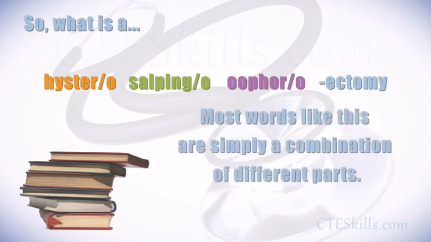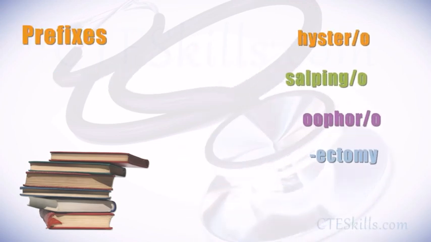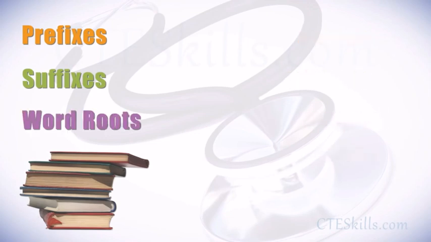Most words like this are simply a combination of different parts or elements, which include prefixes, suffixes, and word roots. Prefixes are syllables or elements placed at the beginning of a word root. It is used to make the word more specific.